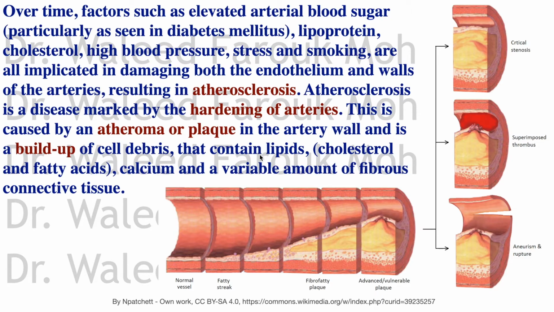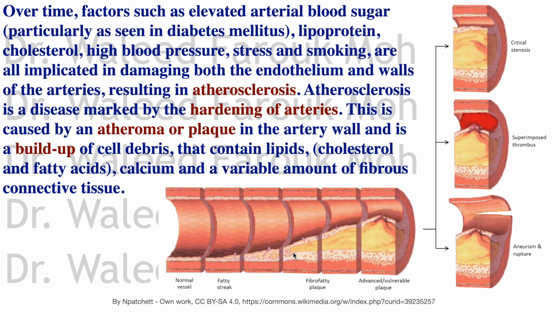This is caused by atheroma or plaque in the artery wall, and is a buildup of cell debris. As you can see here, these are the stages of the formation of the plaque or atheroma that is part of the process of atherosclerosis, with progressive narrowing of the lumen of the vessel, and of course this affects the strength of the wall of the vessel.